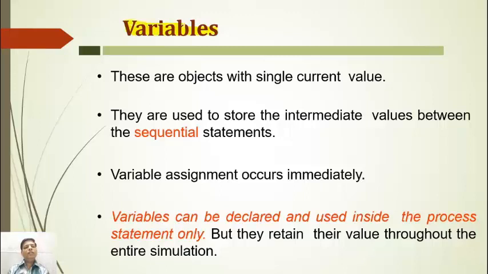What are variables? These are objects with a single current value. They are used to store the intermediate values between the sequential statements. Variable assignment occurs immediately.